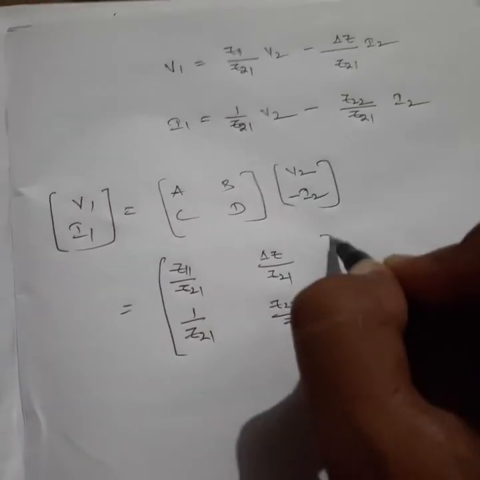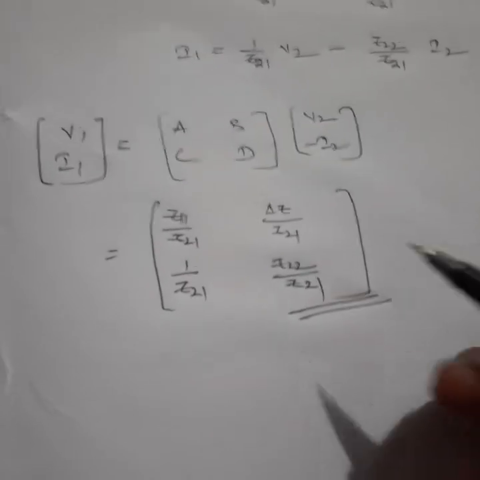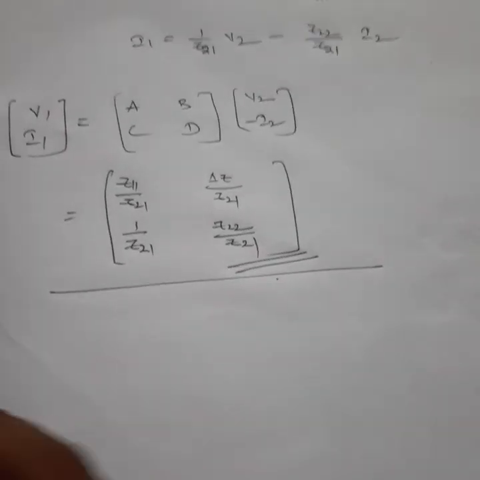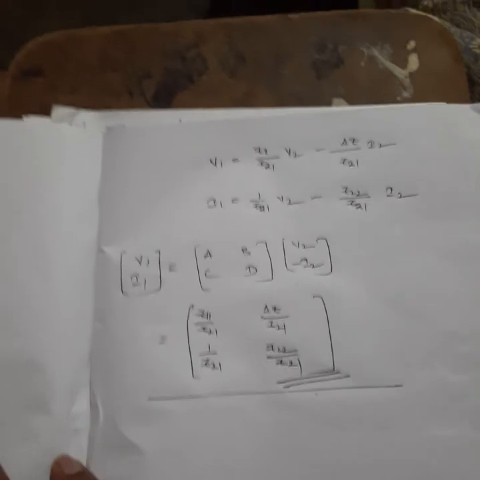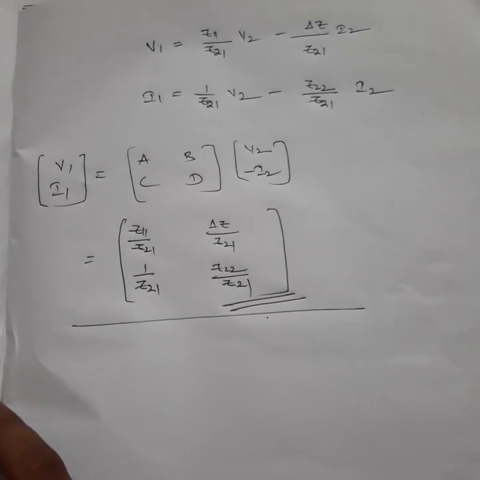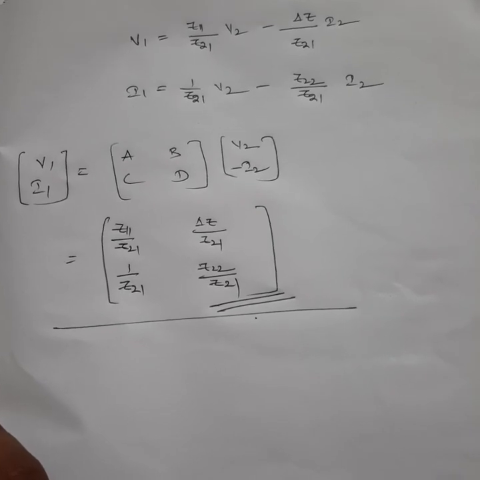These are the ABCD parameters from Z parameters. So this is the relationship of two-port network variables from Z to the remaining Y, H, ABCD parameters. Thank you.